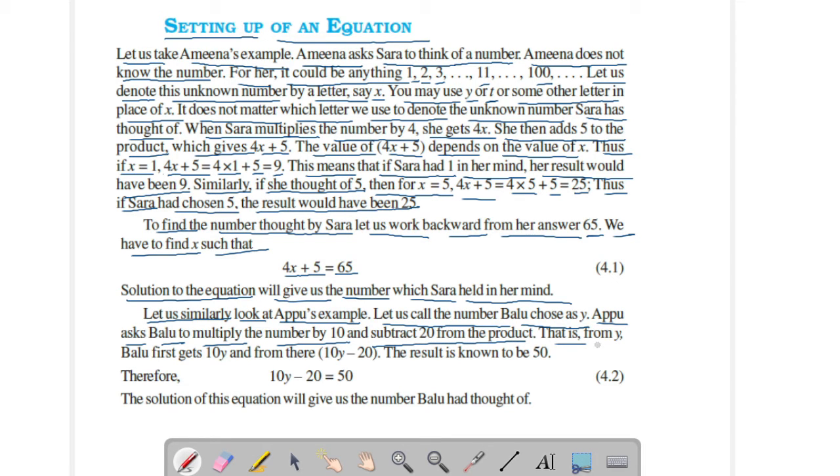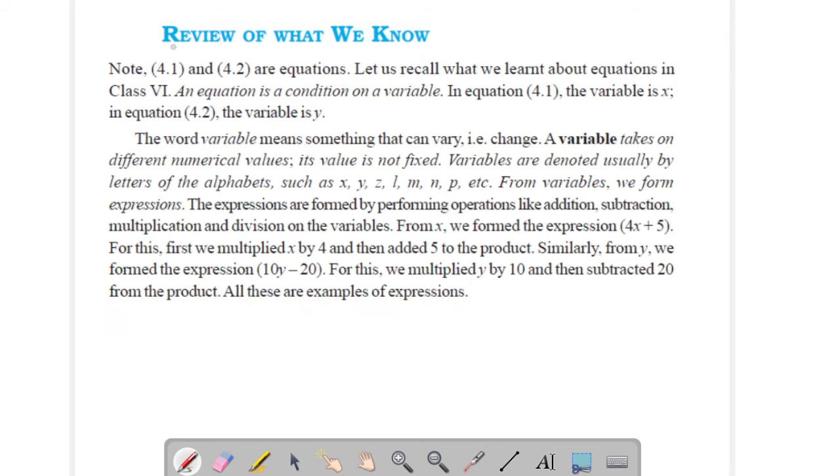That is, from y, Balu first gets 10y and from there 10y − 20. The result is known to be 50. Therefore, 10y − 20 = 50. The solution of this equation will give us the number Balu had thought of.